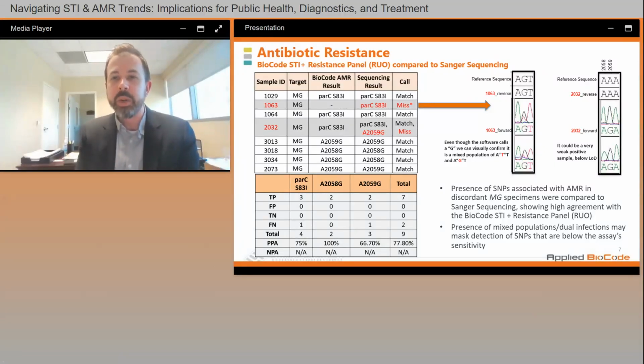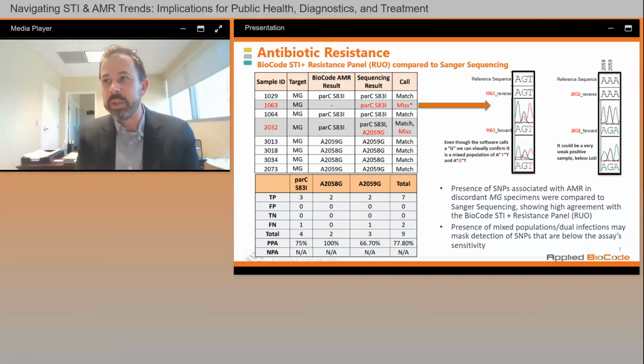For the other sample, another possibility is a low level of infection below the limit of detection for the assay, as another potential explanation for the partial miss for 2032. But overall, from this data, we can see that Biocode has detected 7 true positives out of this group, with a positive percent agreement of 77.8%.